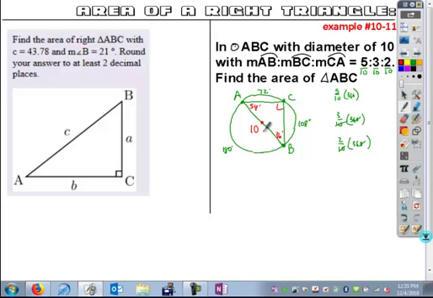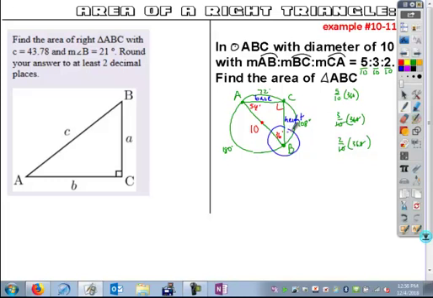Once you get to this step, you now have your right triangle. If you know that your area is going to be calculated with a base and a height, those are the legs of your triangle. What we can do is identify those using trig ratios. Since we have an angle measure, I'm going to use this 36 right here.